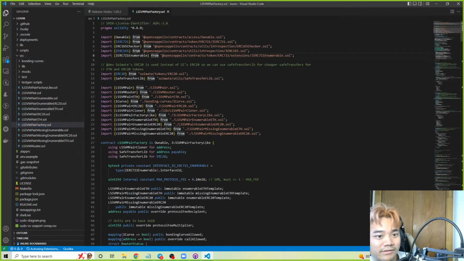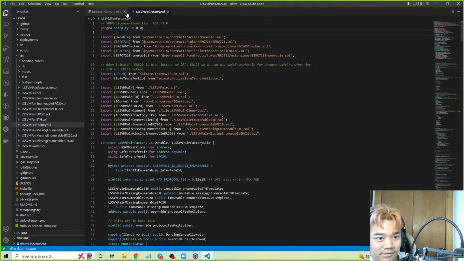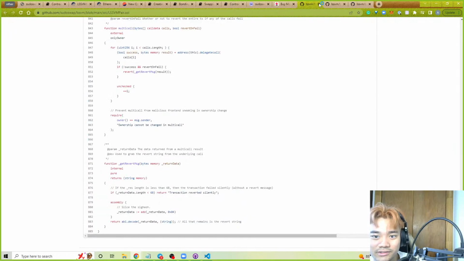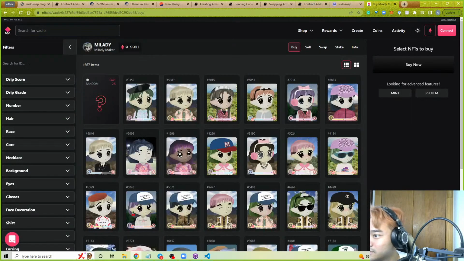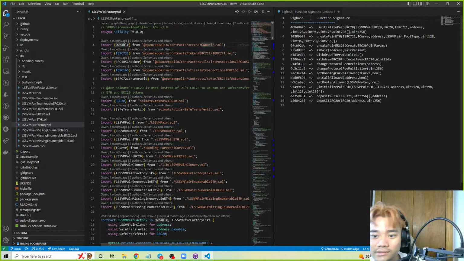Pair Factory. Come on, debugger, load in. Okay, my extensions are loading. Let me just close these for now. Okay, function signatures. Where's create pair?